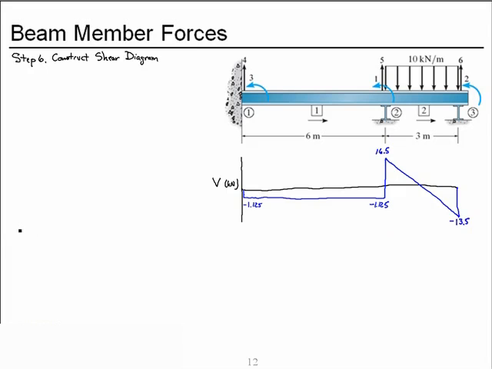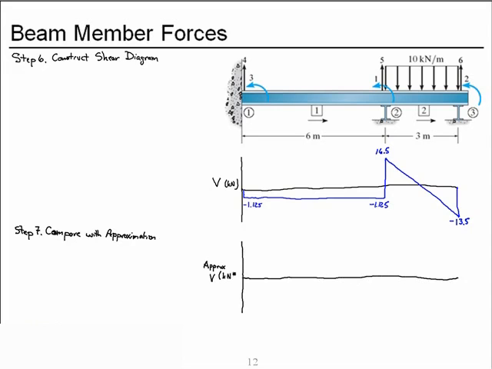Now step 7. Let's compare that shear diagram with our approximation. And so I'll redraw our approximated shear diagram here, and I'll label it as such.